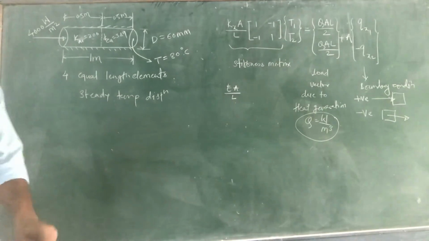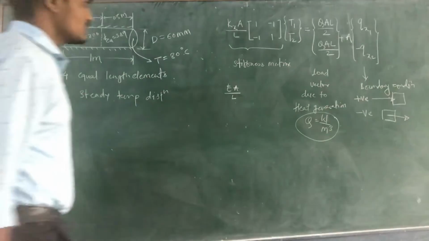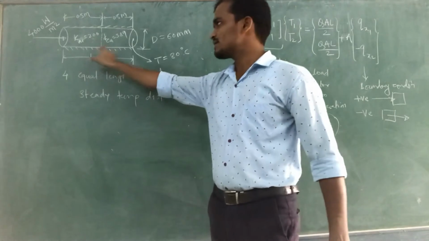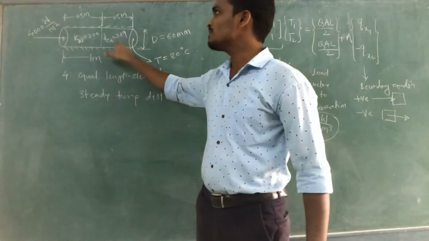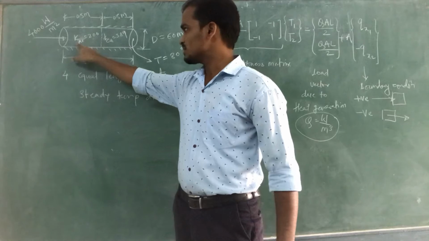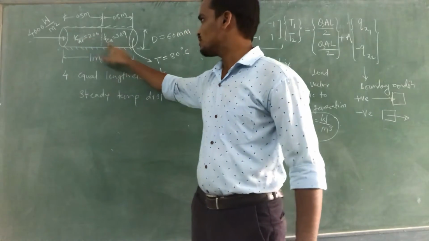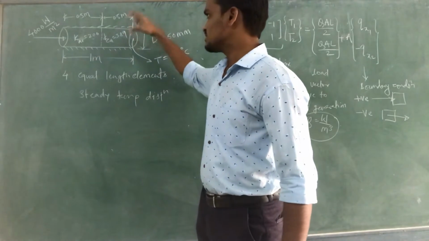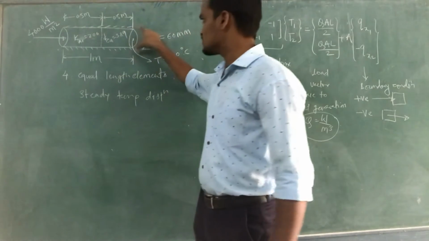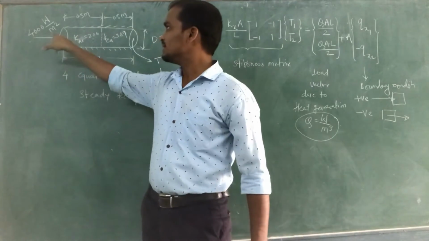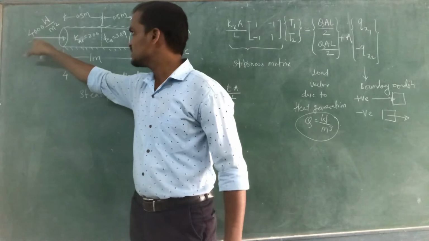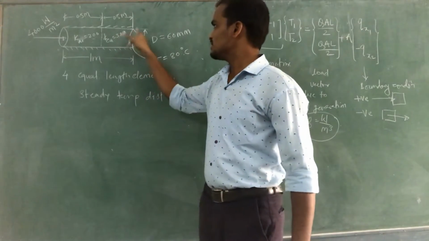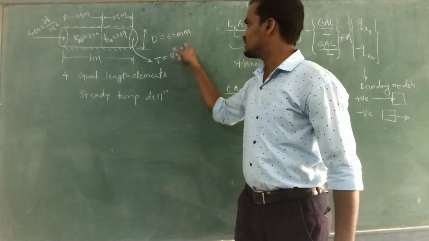So this is the data given for this example. It is a cylinder of which half is made of aluminum and half is made of copper, with K aluminum given as 200 and K copper as 389. The circumferential surface is insulated, a heat input rate of 4000 watt per meter square is given at the left end, and the right end is maintained at 80 degrees Celsius.